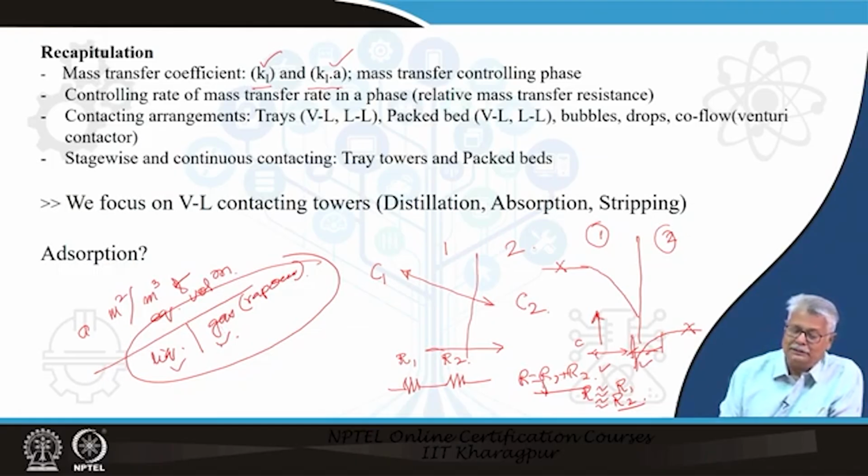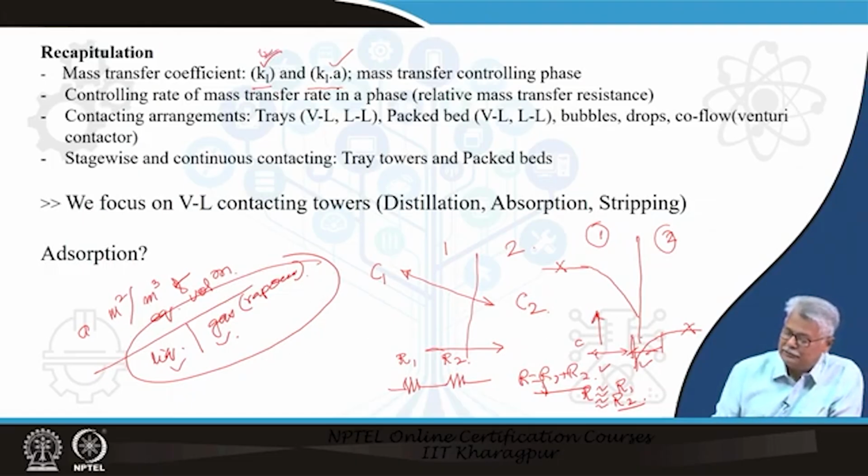And we know one thing: the more intimate contact we can make, the lower the resistance, because with turbulence the boundary layer thins out. So naturally it offers less resistance, and quite naturally what you have in that case is better mass transfer, which is basically K_L.